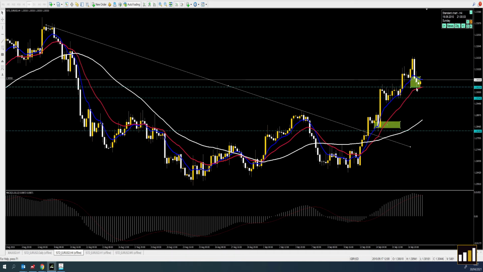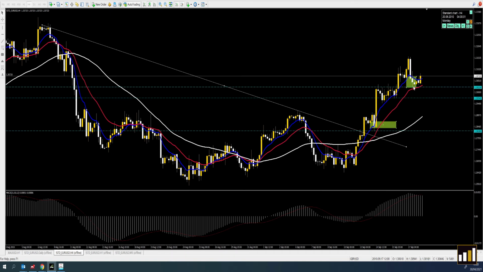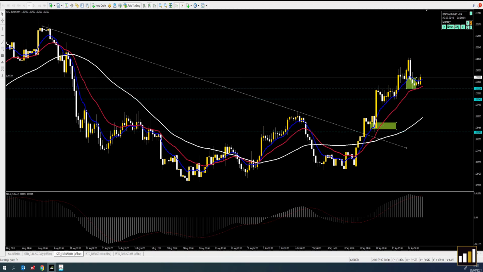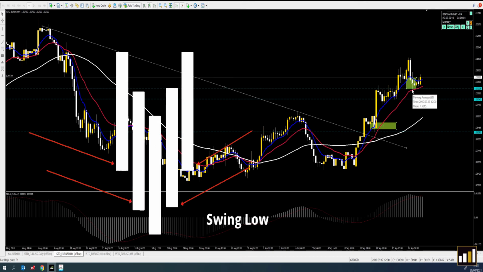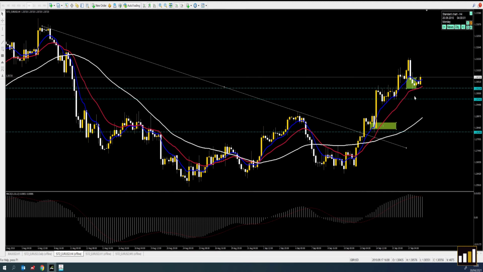So we can see that is a swing low. A swing low is really defined when you have two candles to the left of it whose lows are higher up, and two candles to the right whose lows are also higher up. So then you have this point. So you can have your stop just underneath there.